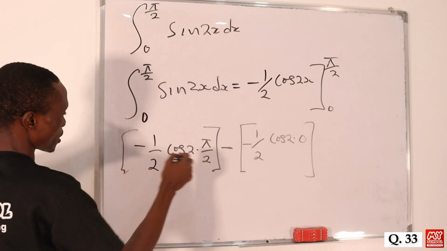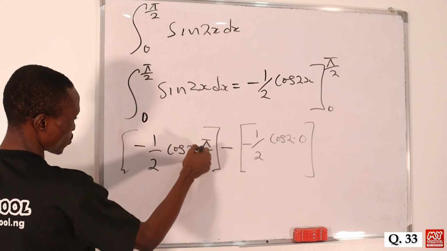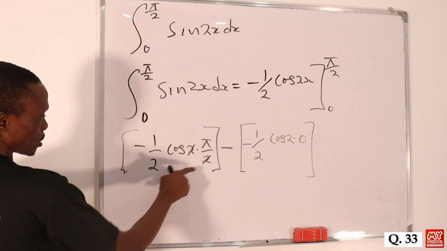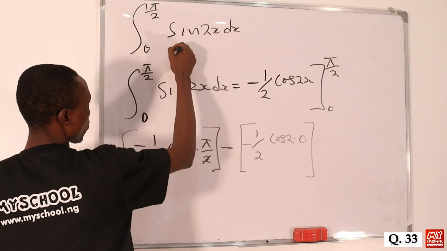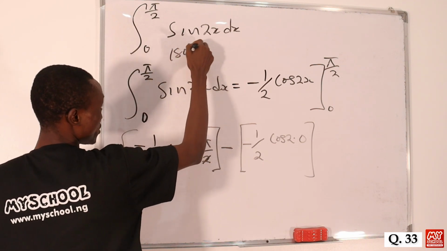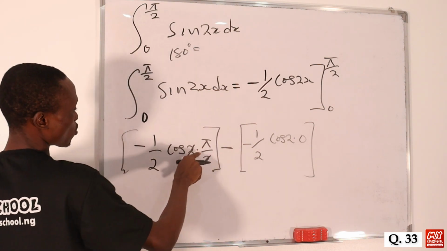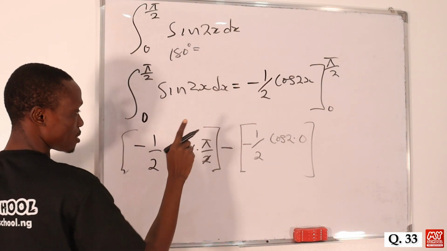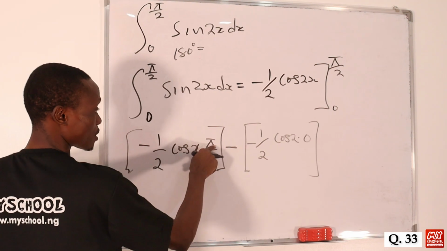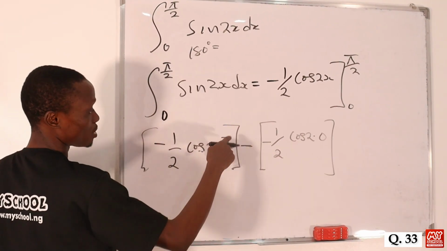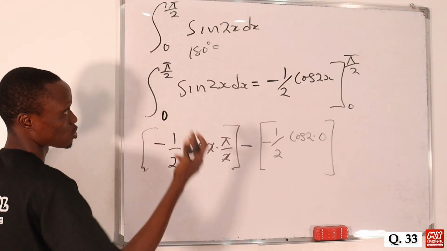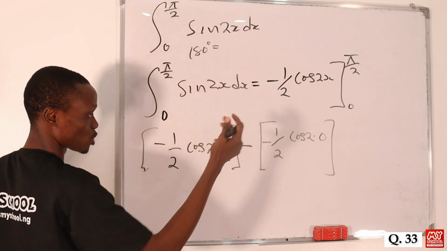So of course, remember that this 2 is going to cancel out this 2. Then remember that pi is actually 180 degrees in radians. Okay, so cos pi, because we are working in radians, is equal to minus 1, which is cos 180 degrees, minus 1.